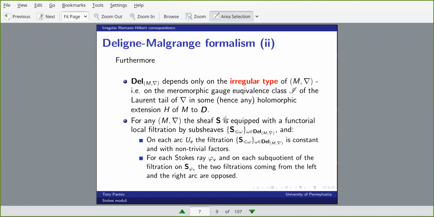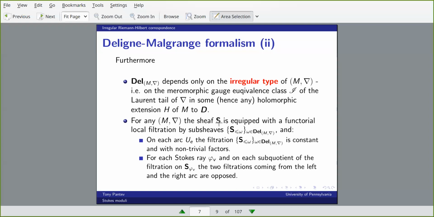Excuse me, Tony, is it a sheaf of sets, not of vector spaces, right? It's a sheaf of sets, yeah. Why did you say something about linear algebra? The sheaf of sets is the thing that labels the filtrations on the local system of vector spaces. Okay, I understand, right?